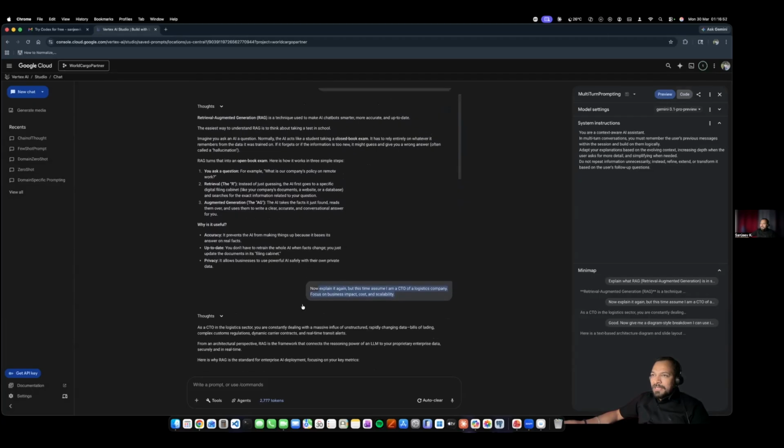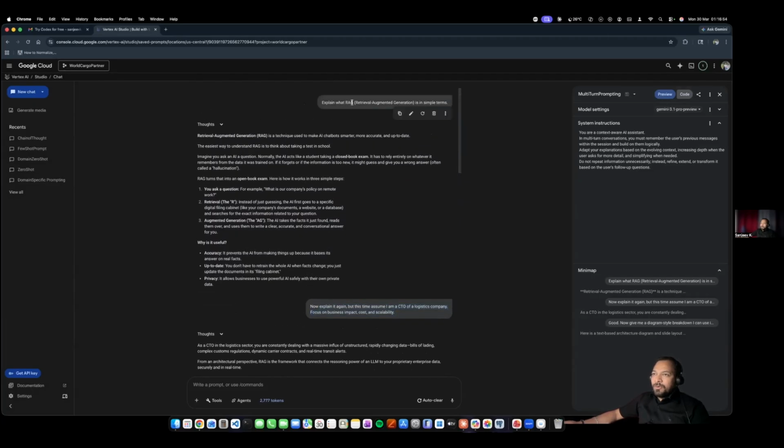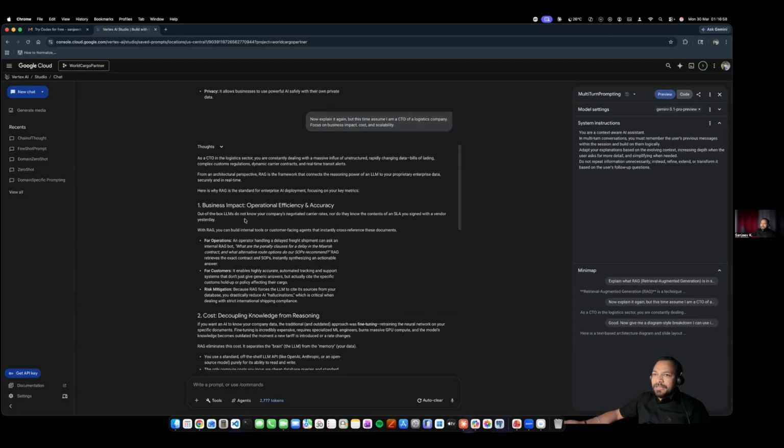The main thing is that we did not say RAG in the second prompt, but still it is trying to identify that RAG is being implemented in this particular logistic company, and how it can benefit that company. So for operations, handling a delayed freight shipment, one can ask the internal RAG chatbot, what are the penalty clauses for delay in the Maersk contract, and what alternate route options do our SOPs recommend.